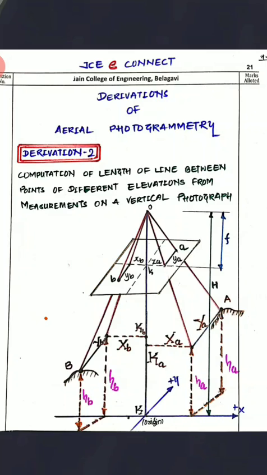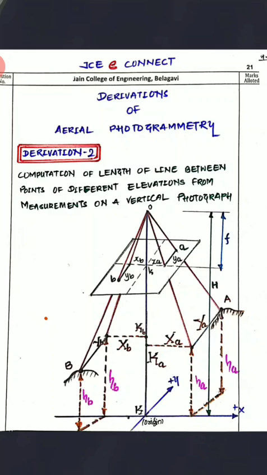Now I can show you this figure. We have two different points here, point A and point B. The distance between the ground and the datum is HA here, and the projection will be HA here also, and here it is HB. I have drawn this with respect to the x coordinate and the y coordinate.